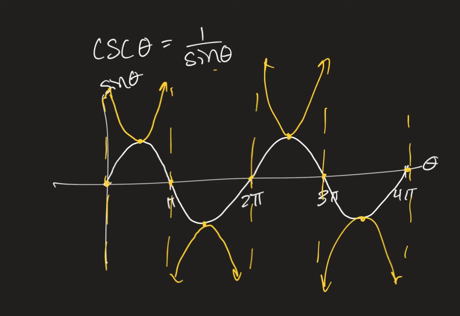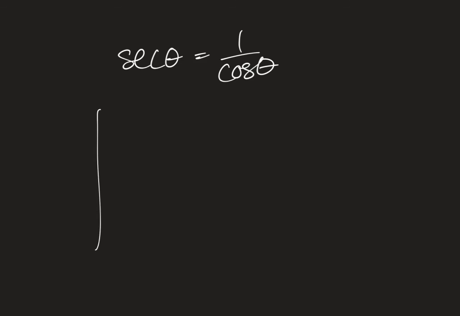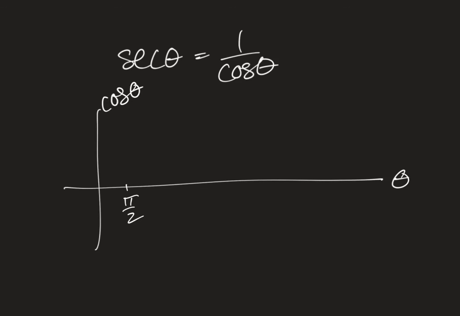And secant is going to be very similar, but just with cosine. So secant of theta is 1 over cosine of theta. So again, anywhere that cosine is 0, that's going to be at pi over 2, pi, 3 pi over 2, 2 pi, 5 pi over 2, etc. Any place that cosine is 0, we're going to be undefined.